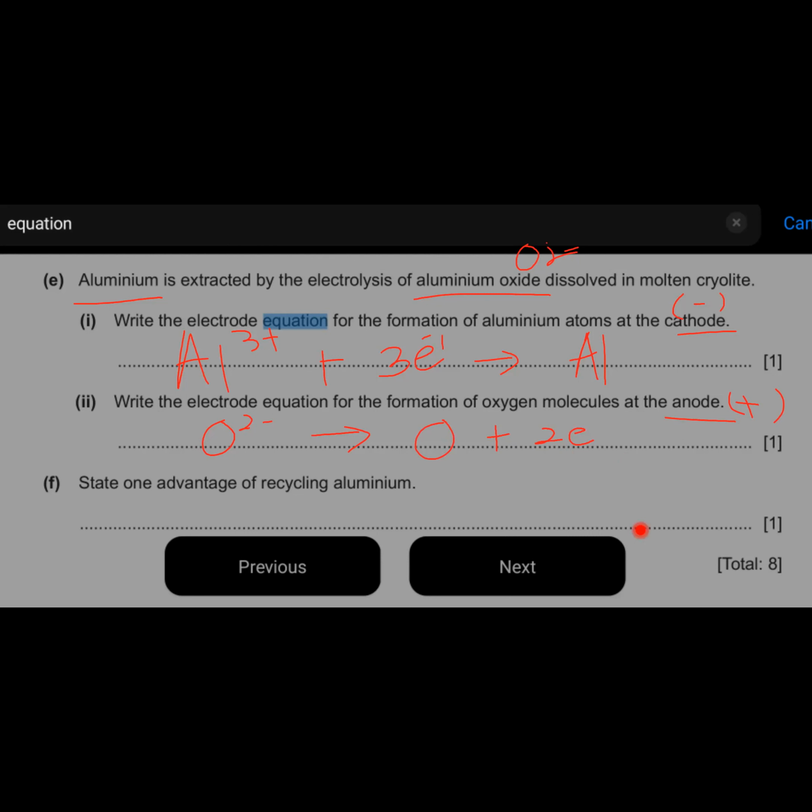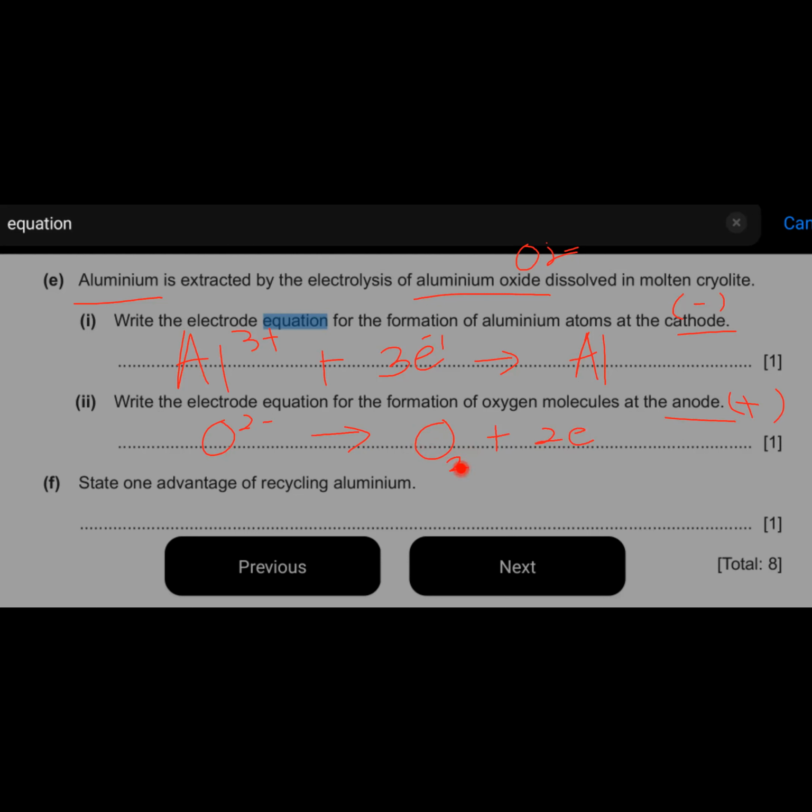So whenever oxygen atoms are made by the oxide ion losing 2 electrons, the problem is this oxygen atom can't go out alone. We need to write this for a molecule. Oxygen molecule is a diatomic molecule, which means there are 2 oxygen atoms.